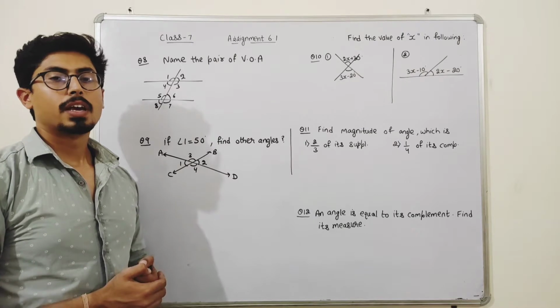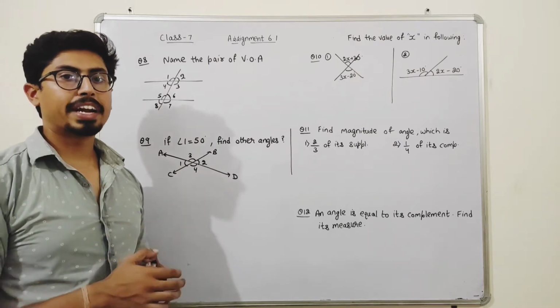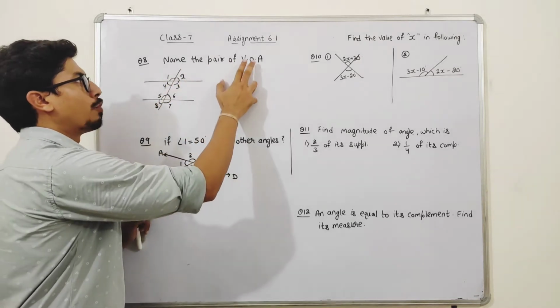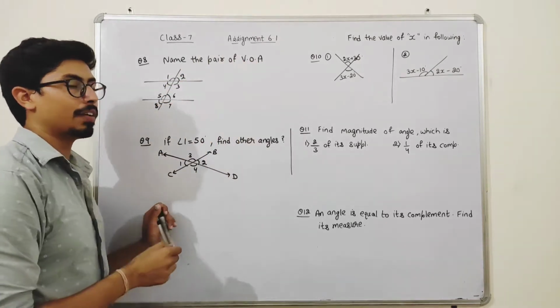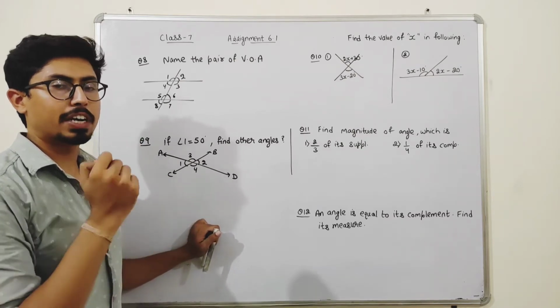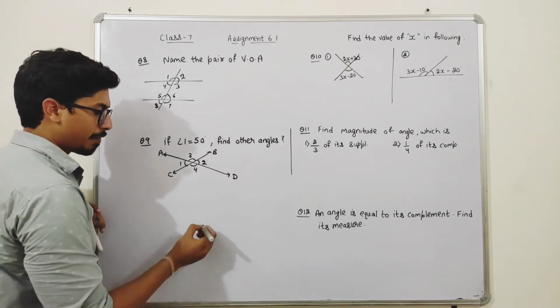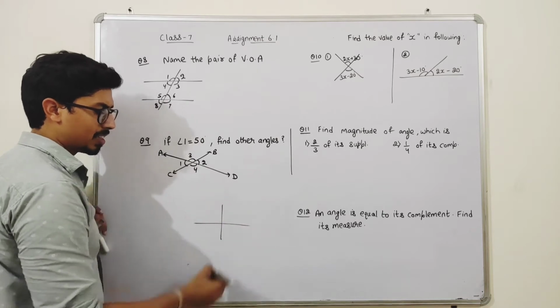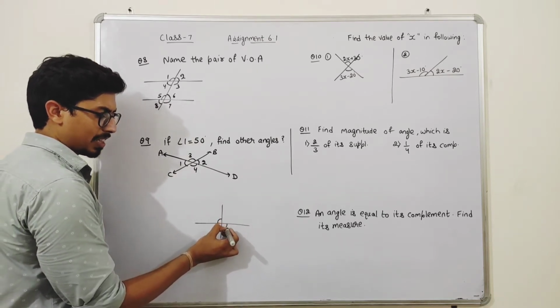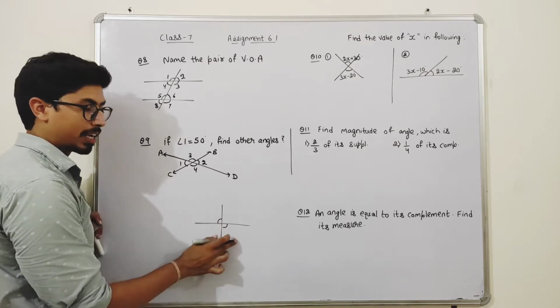Okay students, now moving forward to question number 8. In this question, name the pair of vertically opposite angles. We have to name the angles which are forming the vertically opposite angles. What are vertically opposite angles students? If I take two rays like this, the intersecting angles, this angle and this angle are vertically opposite angles.